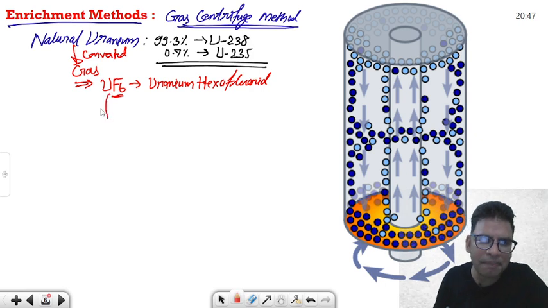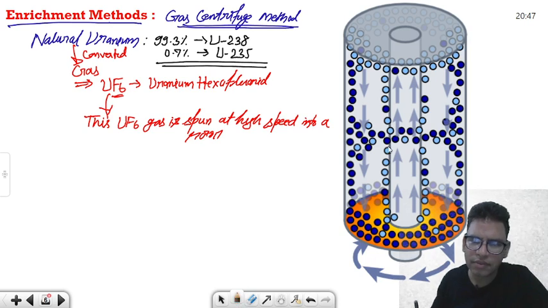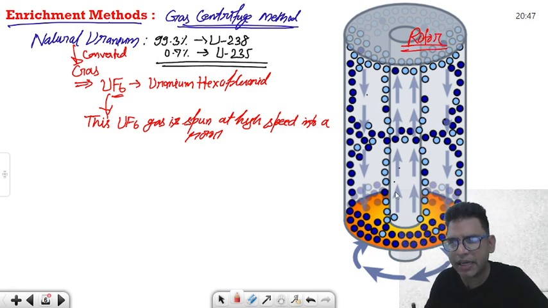Now, simple physics. This uranium hexafluoride gas, UF6 gas, is spun at high speed in a rotor. So you must have understood what the idea is. There is this rotor, which is spinning at a very high speed.